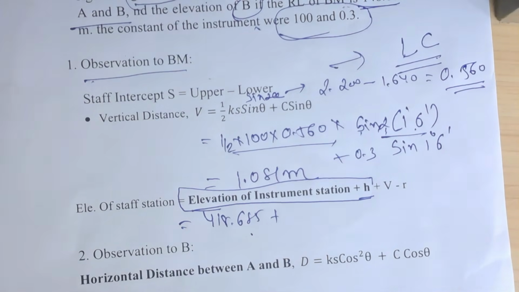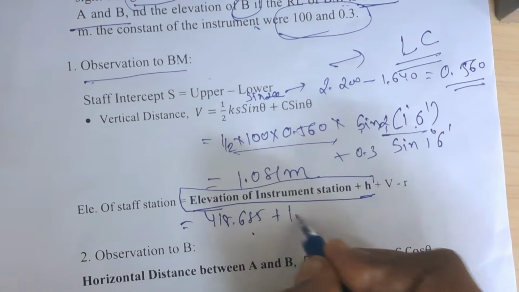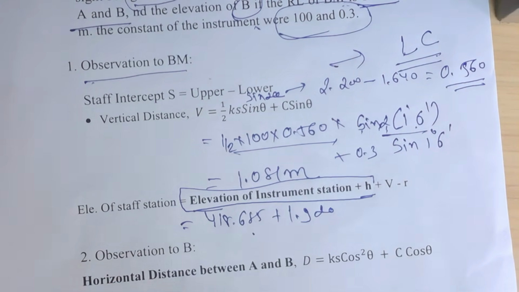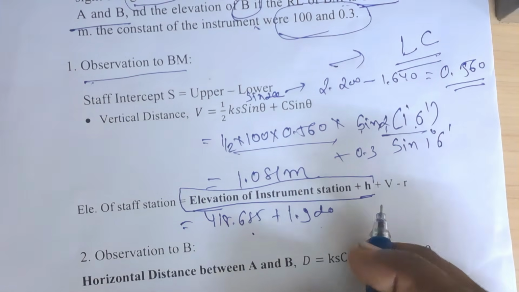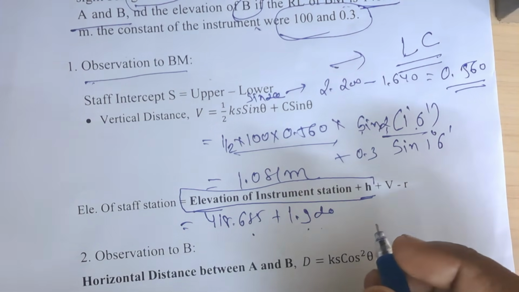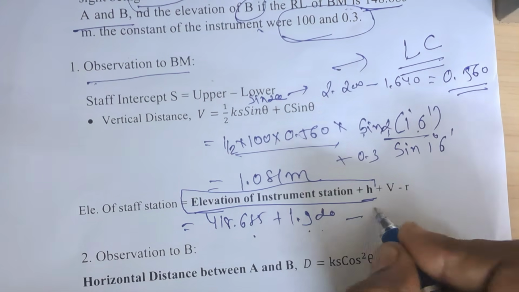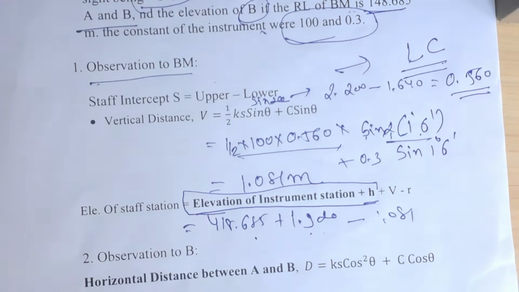So simply 418.685 plus 1.920, that is the value we are going to add, that is the center reading, and minus your vertical height because we are going to deduct the value 1.081. Okay, this will be your elevation of the collimation at the instrument.